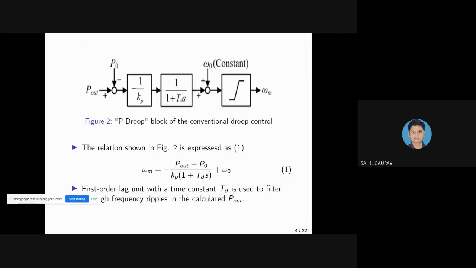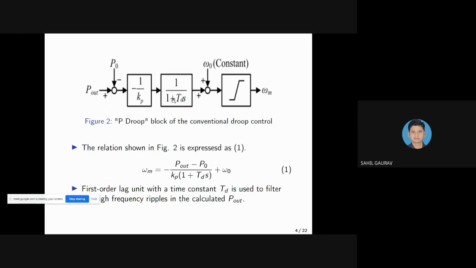So this is the inside of the P droop block. Here Kp is the P omega droop coefficient, and the first order lag unit with the time constant Td is used to filter the high frequency ripples in the calculated P out.